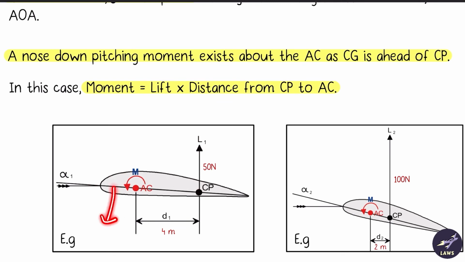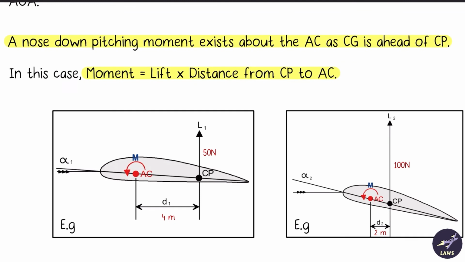Because the CG is ahead, the aircraft will have a general nose down pitching tendency. That is what they have written here. In this case, moment is the product of lift and the distance between CP and AC.